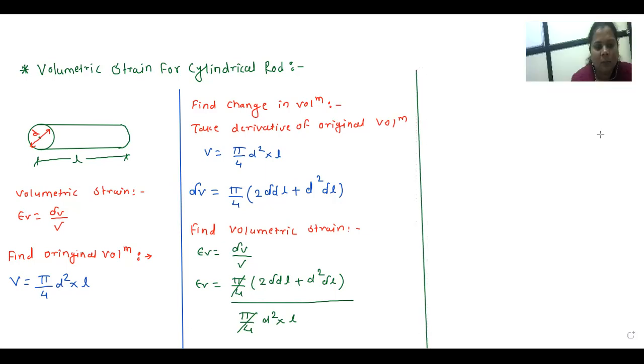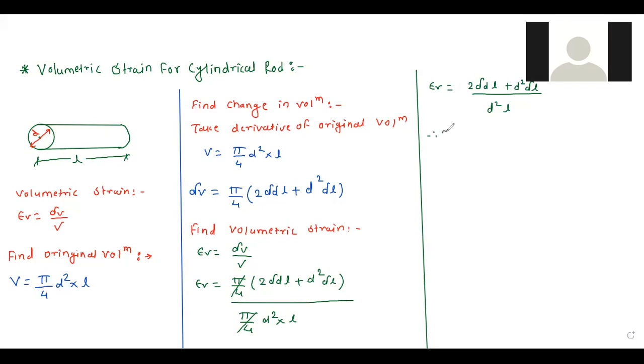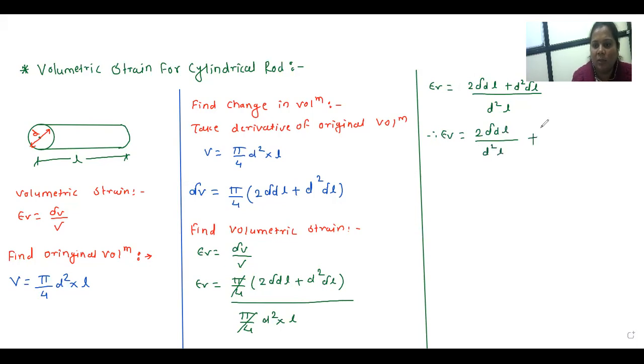So epsilon V is equal to 2 into del D into L divided by d square into L, plus d square into del L divided by d square into L. So here this L gets cancelled.